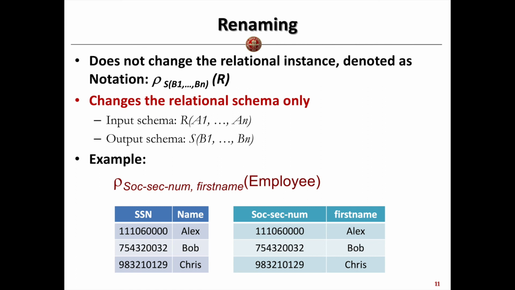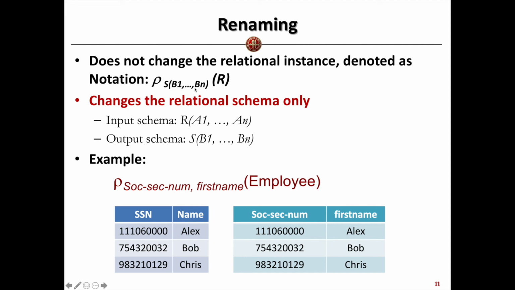Here we don't want to change the relation name, we only plan to change the attribute names. We can do so by writing rho of social security number, comma, first name, on the employee relation, right? In this way, we can change the attribute names in the employee relation. We change the SSN to the social security number. We change the name to the first name.